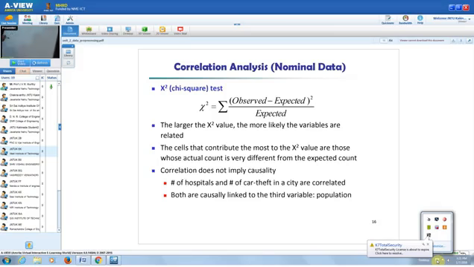Here is what you will understand. There is a study that says fiction, non-fiction novel. 250 males liked the fiction novel and 200 females liked the fiction.